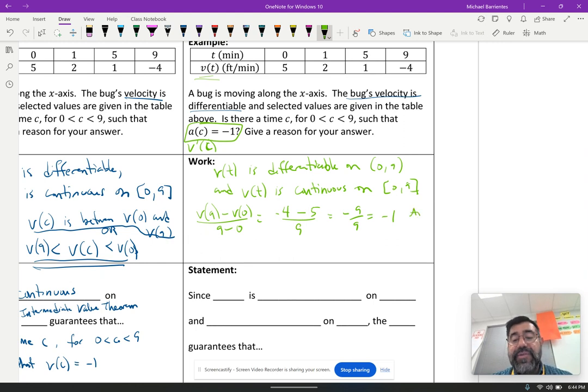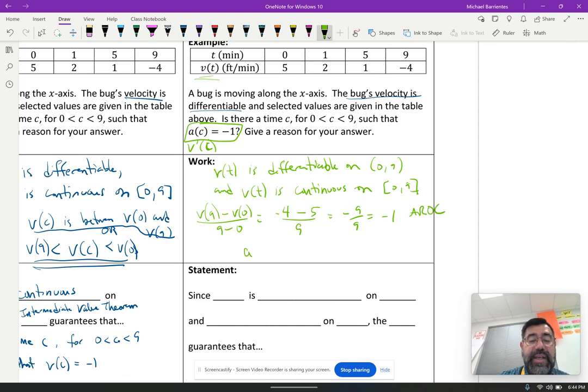So the average rate of change is negative 1. And then I'm supposed to show that there's a point where the derivative, the instantaneous rate of change, equals that number. So we just showed that, because if it's differentiable and it is continuous, then whatever the slope of the endpoints is, there has to be a point where the derivative is equal to that.